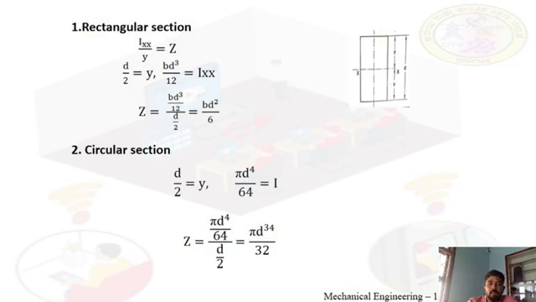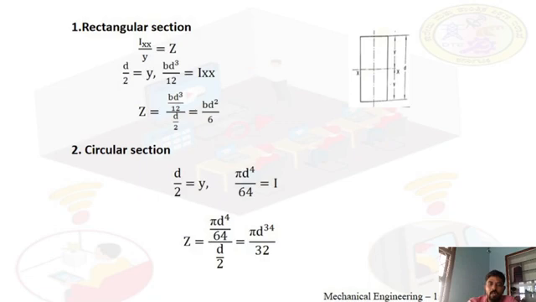The second one is the circular section. As with the rectangular section, the moment of inertia of a circular section is equal to pi d to the power of 4 divided by 64, and Y is equal to d by 2, diameter by 2. In the rectangular case it is depth by 2. Now substitute I and Y in the Z formula.